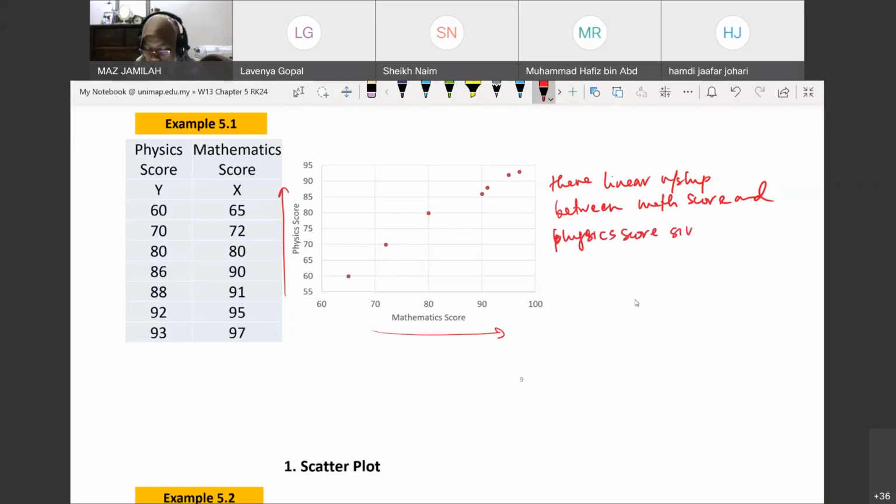If you want to put it in a simple way: it seems there is a linear relationship between math score and physics score, since the scatter plot forms a straight line. Okay, so that would be your interpretation.